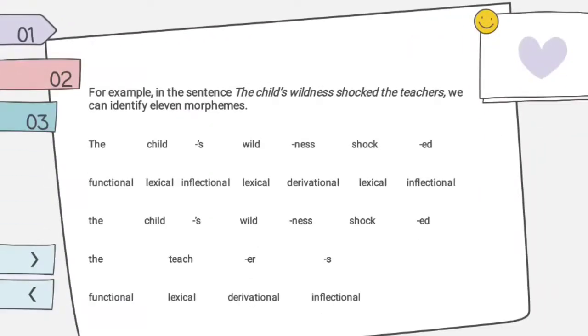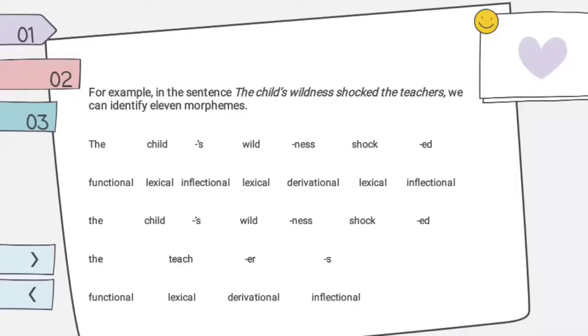For example, in this sentence, the child's wildness shocked the teachers, we can identify 11 morphemes. The child's wildness shocked the teachers.